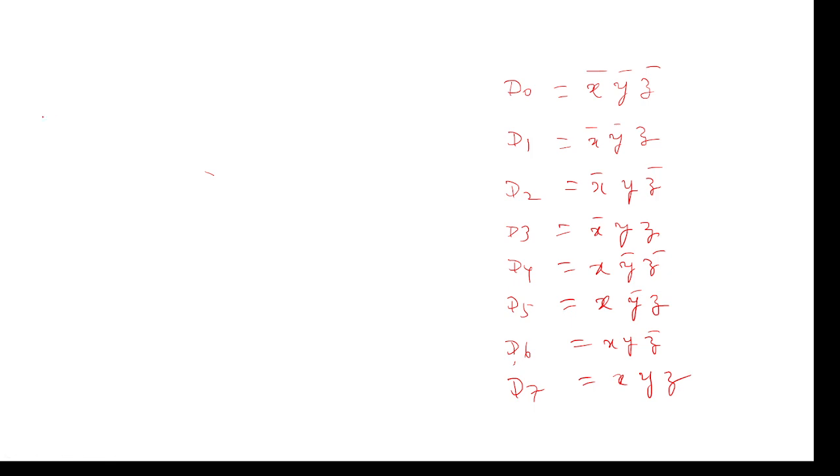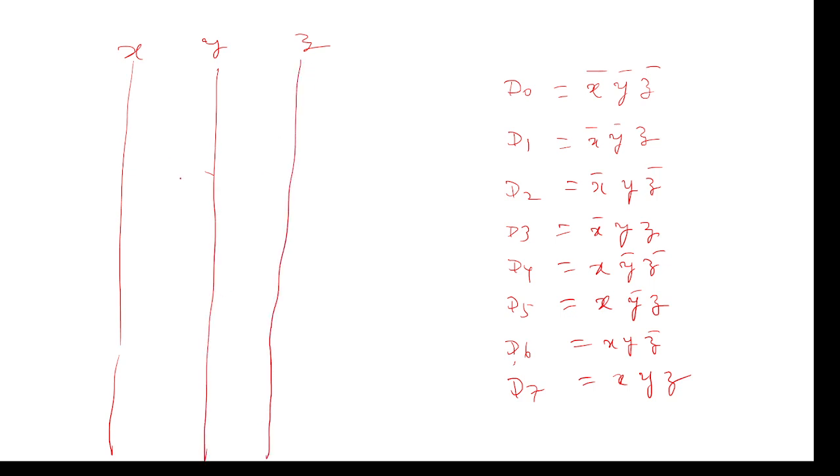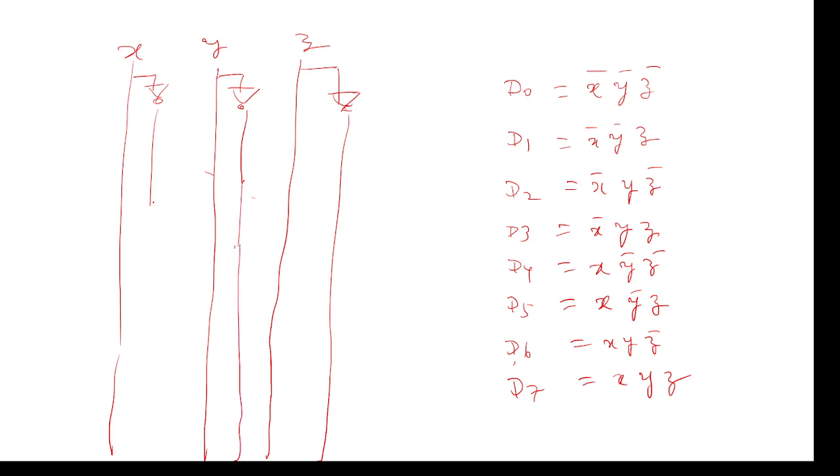So now we can easily draw the logic diagram. Assume this is X, Y and Z, and here I am assuming X bar, Y bar and Z bar. So all are there, and we can easily draw the circuit.